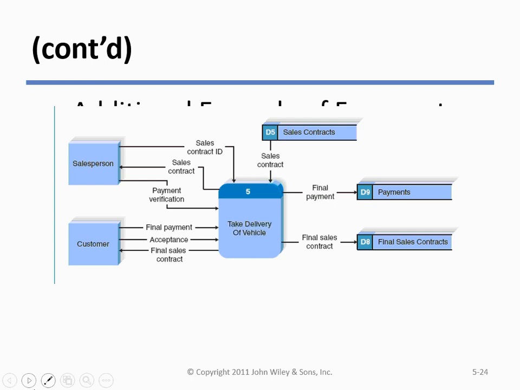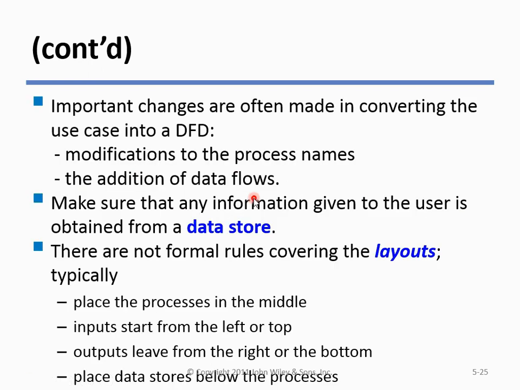All right. Some changes: you change the names, maybe you need some data flows. Laying it out on the page, you go from top left to bottom right. Try not to have too many lines crossing, but sometimes that can't be helped.